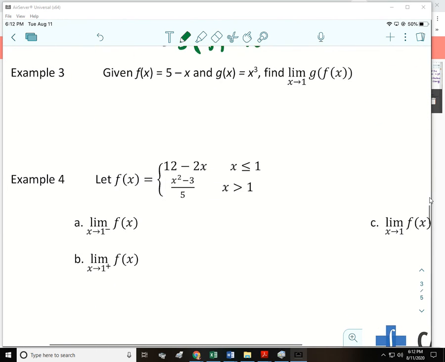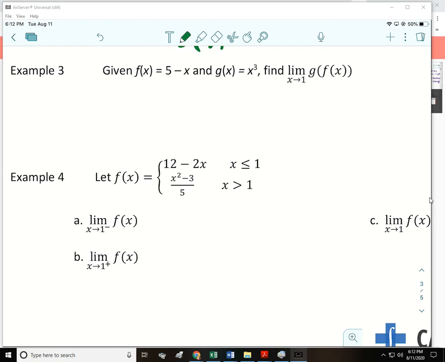Okay. For example 3, this one involves a composition. So we used compositions last year. This is the limit as x approaches 1 of g of f of x. So it's a little different than the other properties, but whatever is outside goes outside, and then it's the limit as x approaches 1 of f of x.